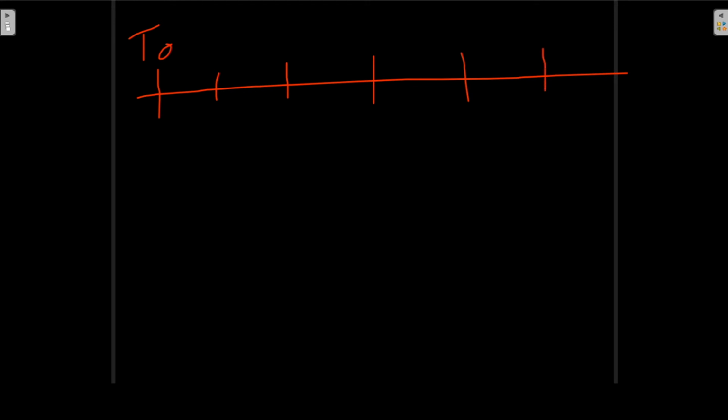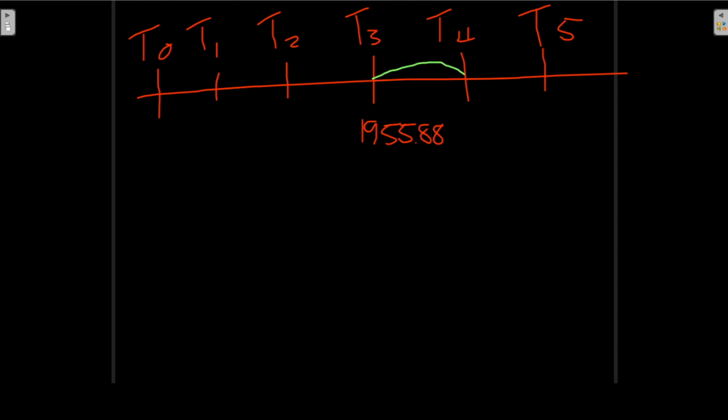So if we make our timeline, this is T1, T2, T3, T4, T5. The outstanding balance at time T3 we know is 1,955.88. So first of all, we can calculate the interest from time T3 to time T4.